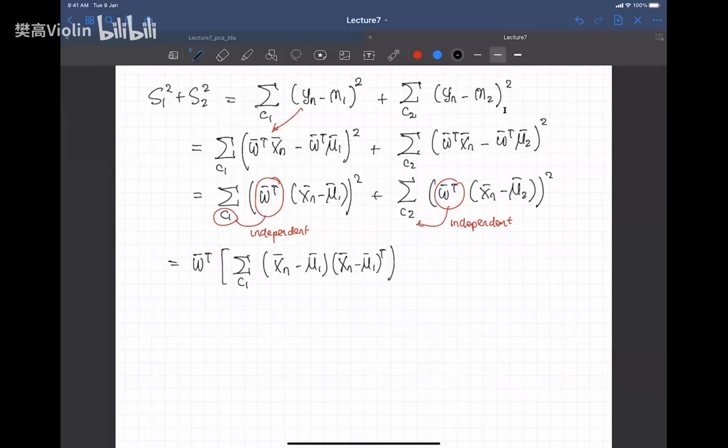Plus the sum over C2, same, (Xn minus mu2)(Xn minus mu2) transpose. Any questions so far? If you don't understand, please ask.